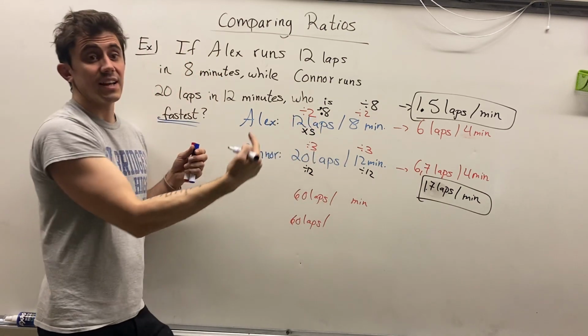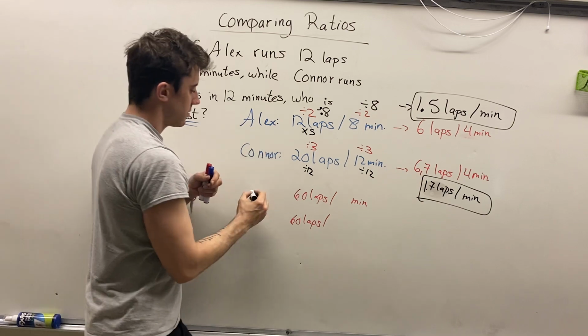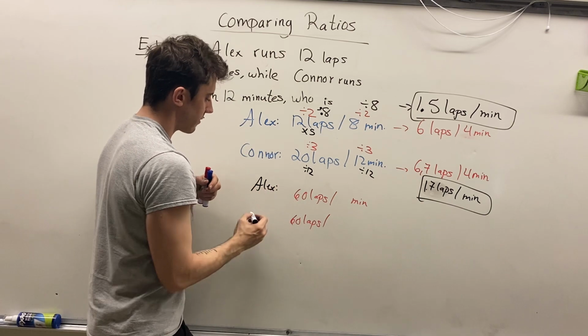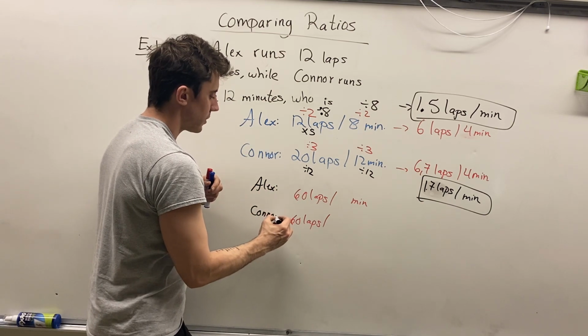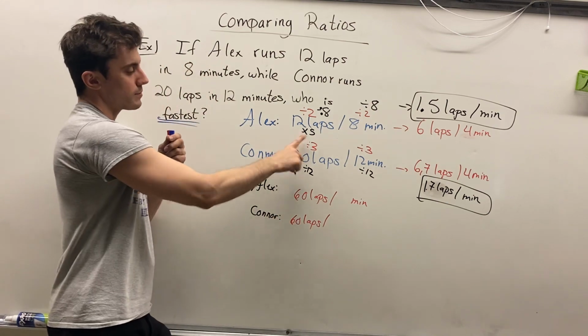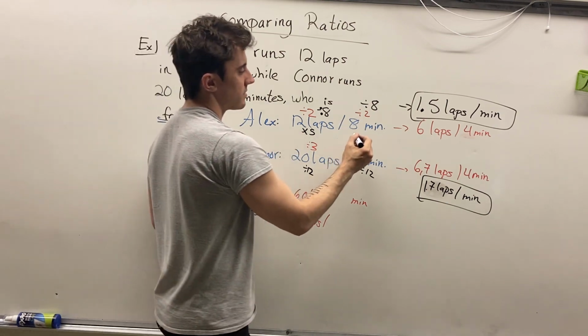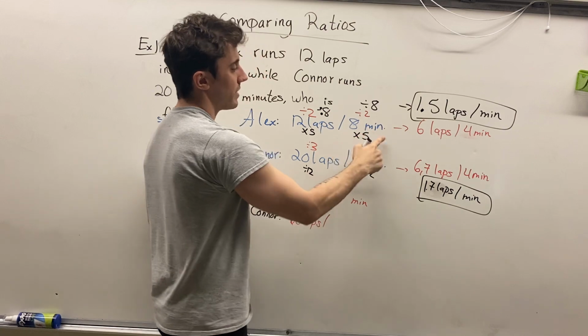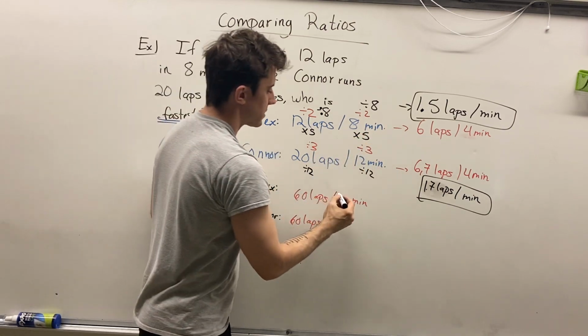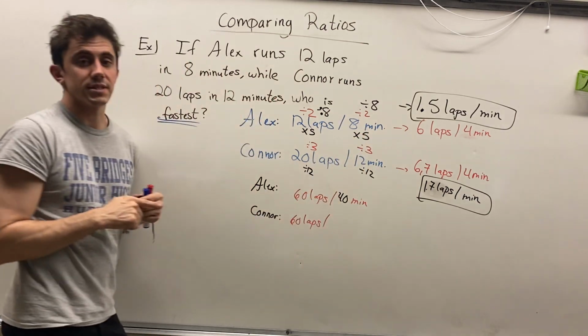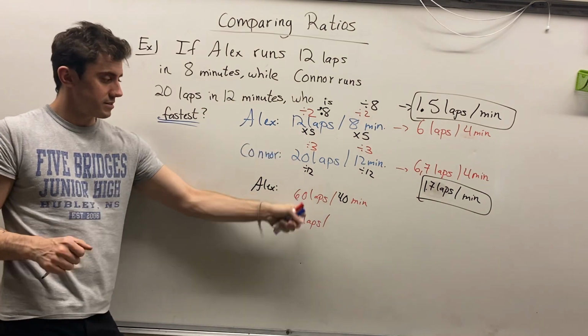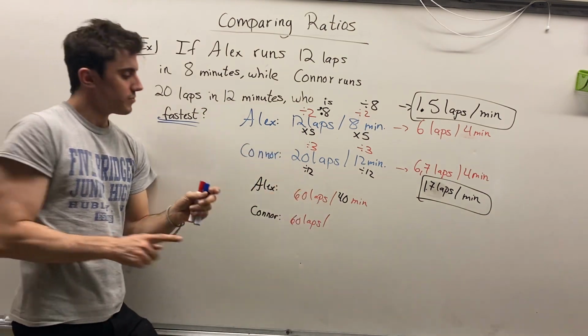And so to get an equivalent rate for Alex, again, we have Alex first and we have Connor below. 12 times 5 brings us to 60 laps. And so 8 minutes times 5 gives us a time of 40 minutes to run those 60 laps, right? At this rate, he's gonna run 60 laps in 40 minutes.